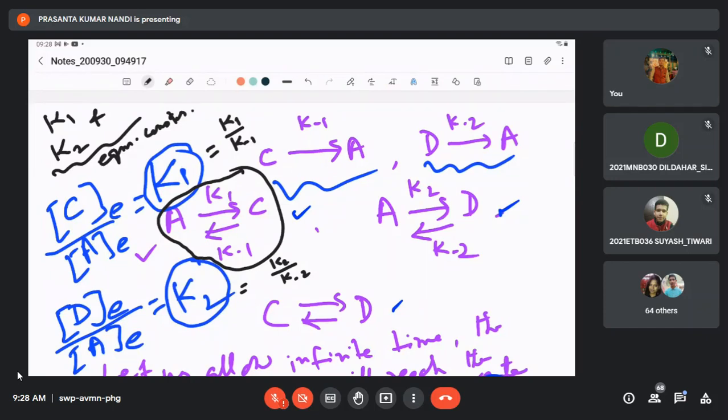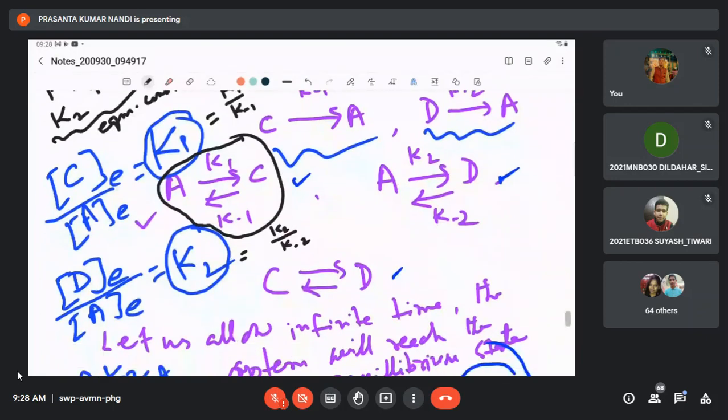But right now, while discussing the thermodynamically controlled product and kinetically controlled product, let the reverse reactions, that is C to A and D to A, be allowed. And not only that, the two products C and D can also be interconvertible, right?